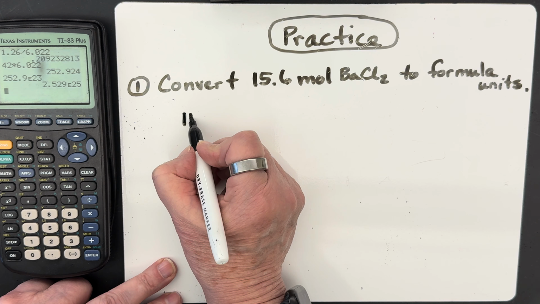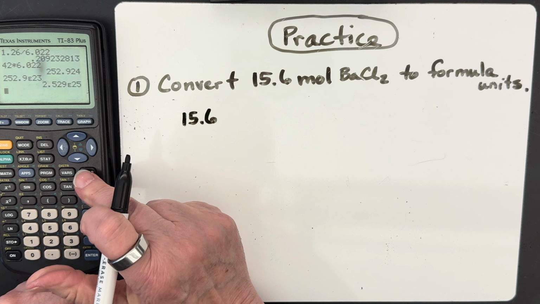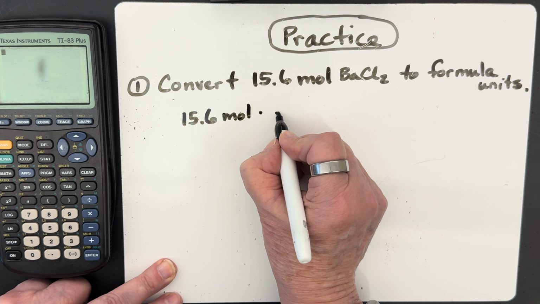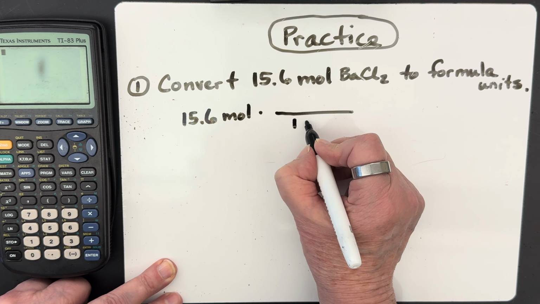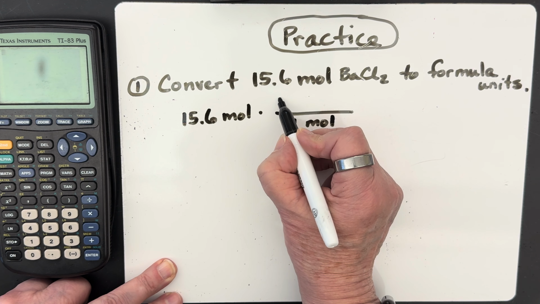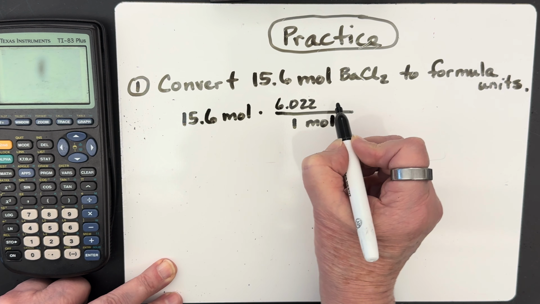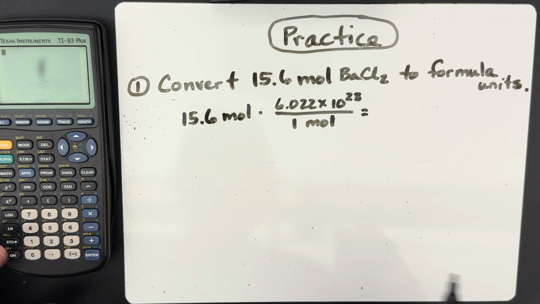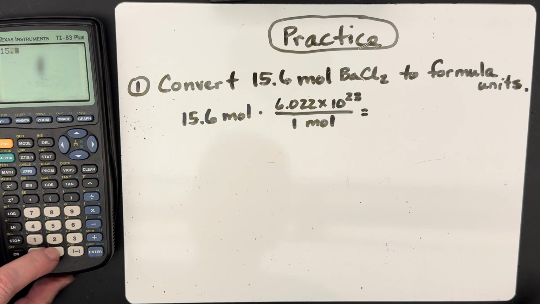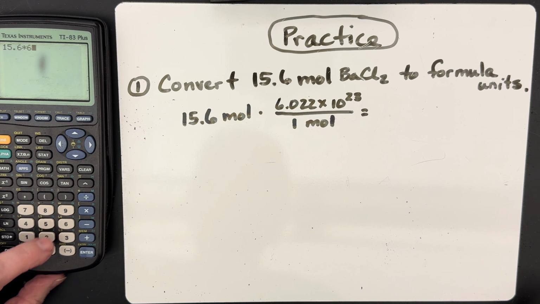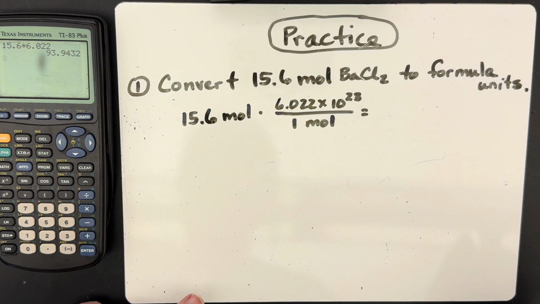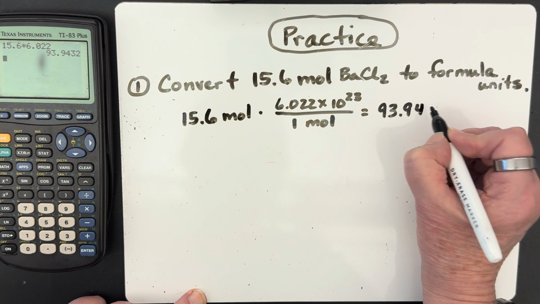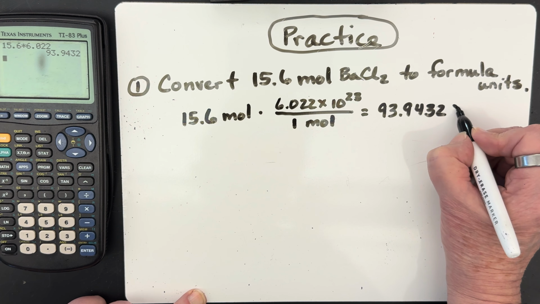So if we have 15.6 moles, since we're given moles, we want our 1 mole on the bottom, and we want our Avogadro's number on top. So 15.6 times 6.022 is 93.9432 times 10.